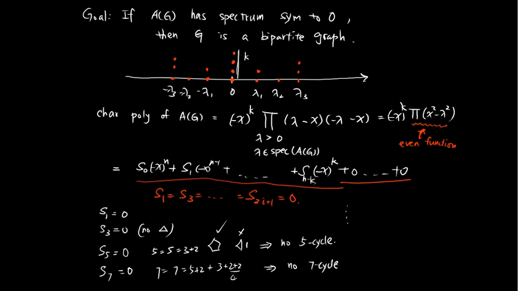When you keep going, you will see that this whole series of equalities to 0 tells us that G has no odd cycle. And that means G is bipartite.